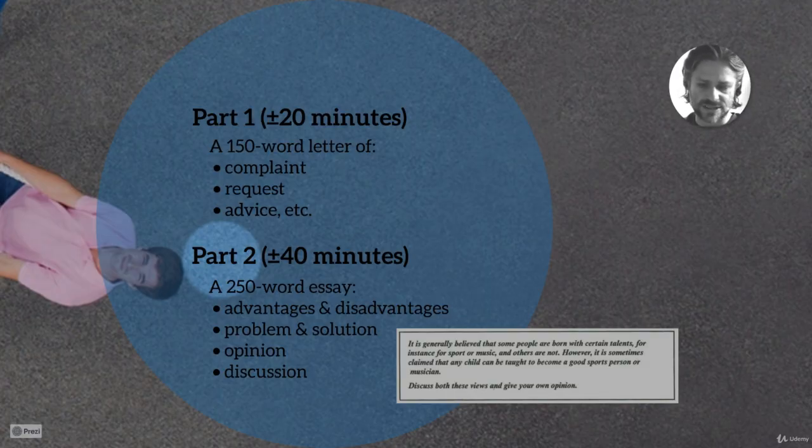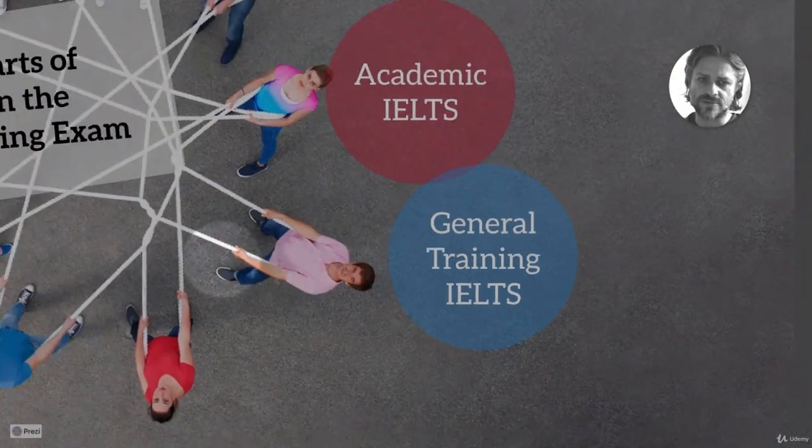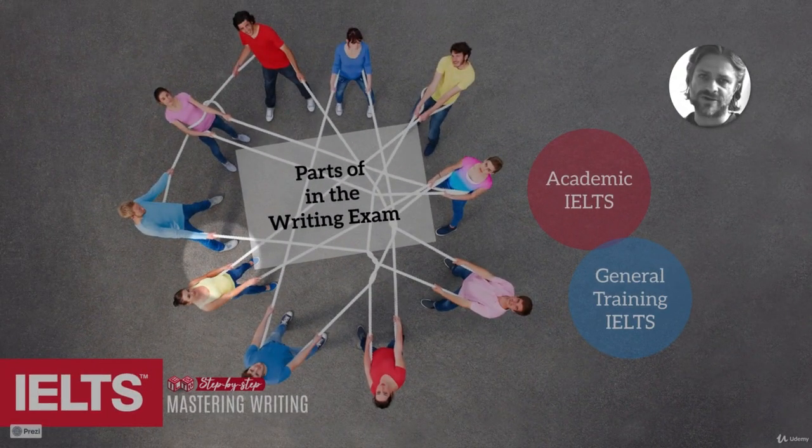Okay, so that is the breakdown of the parts of the writing exam, how they all fit together. What you'll need to do in order to improve your writing is improve your vocabulary, improve your grammar, but the most important thing is to improve the structure of your essays, or your maps, or your processes, or just discussing the graph.